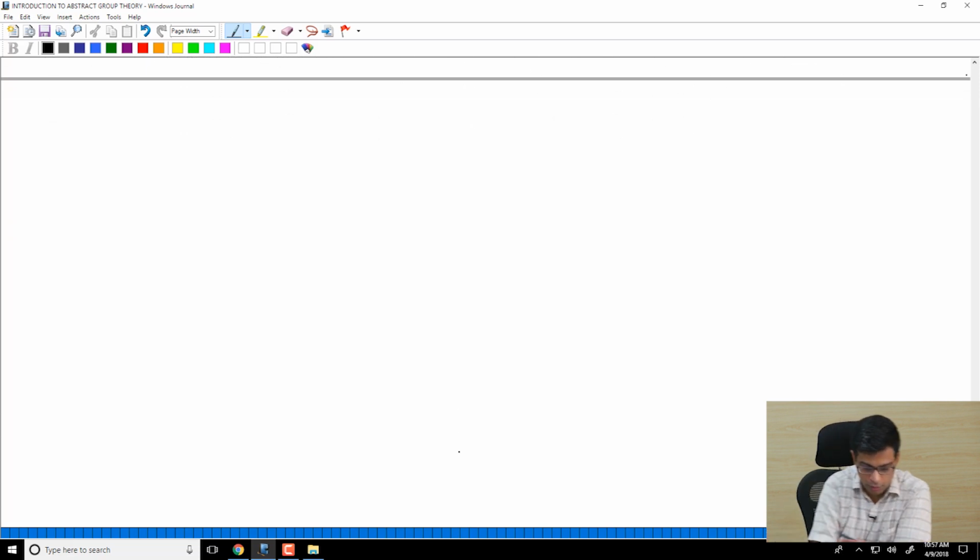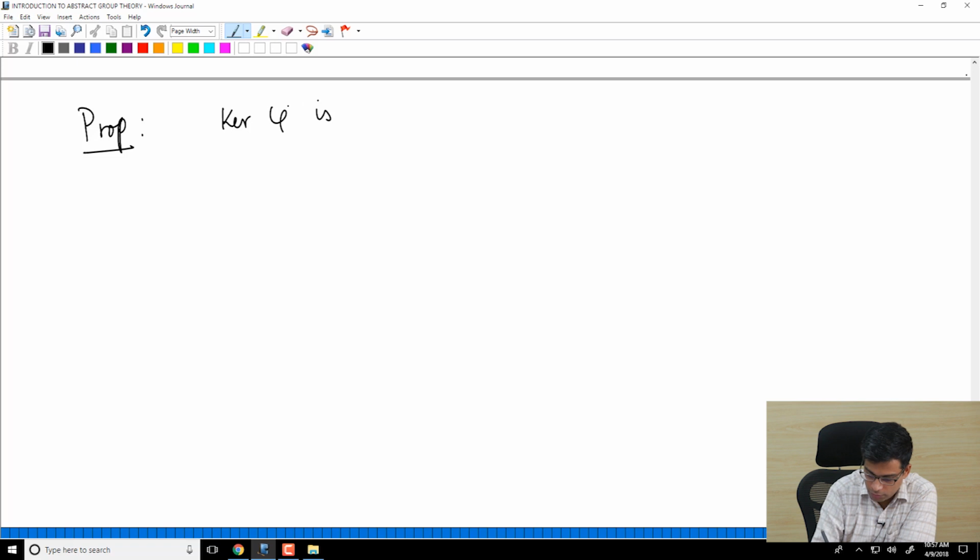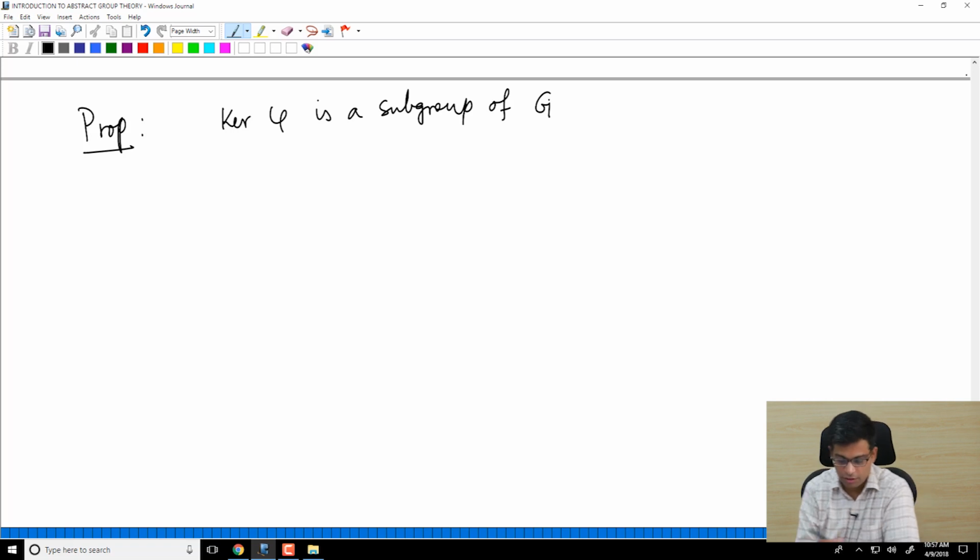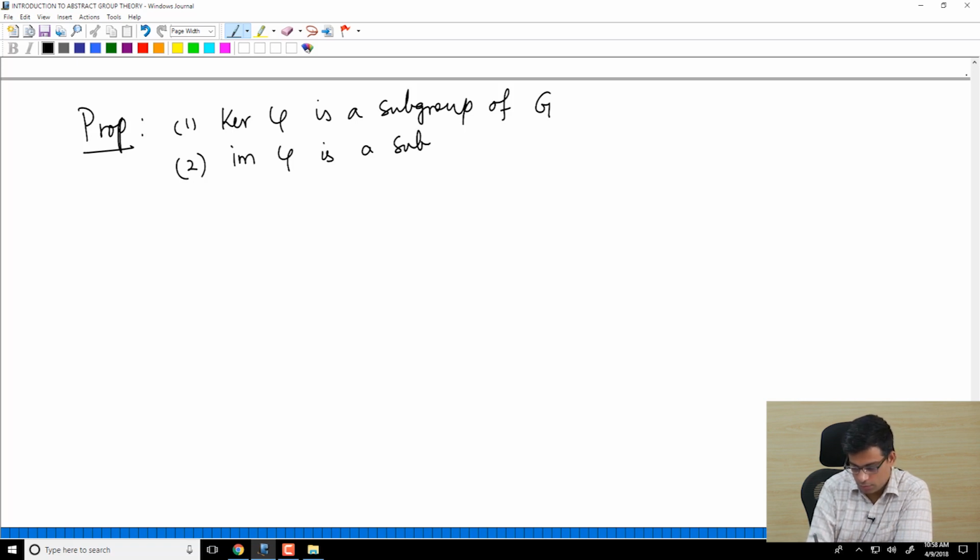So the proposition now is: the kernel of phi is a subgroup of G. It is a subset of G by definition, but in fact it's a subgroup of G. And the image of phi is a subgroup of G prime.